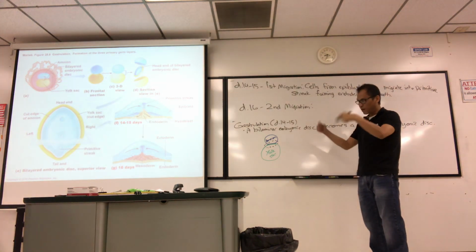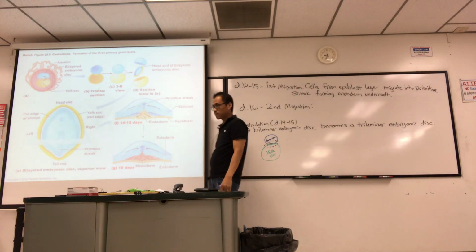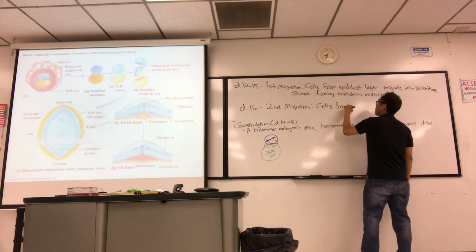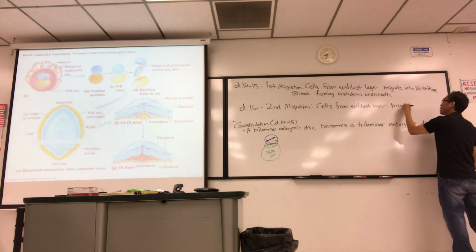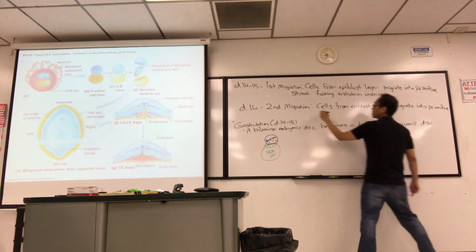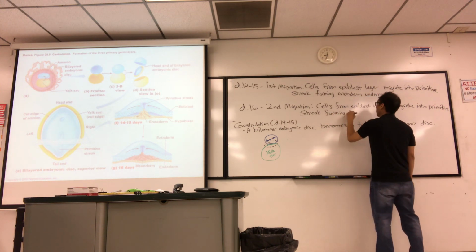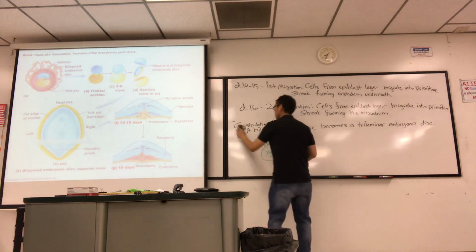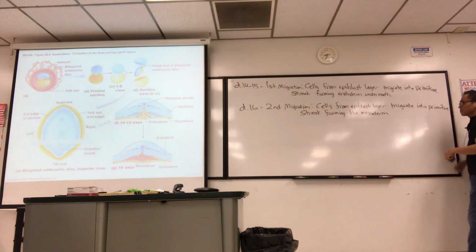Cells from the epiblast layer migrate into the streak, this time forming a mid-layer called the mesoderm. So basically, you're done.